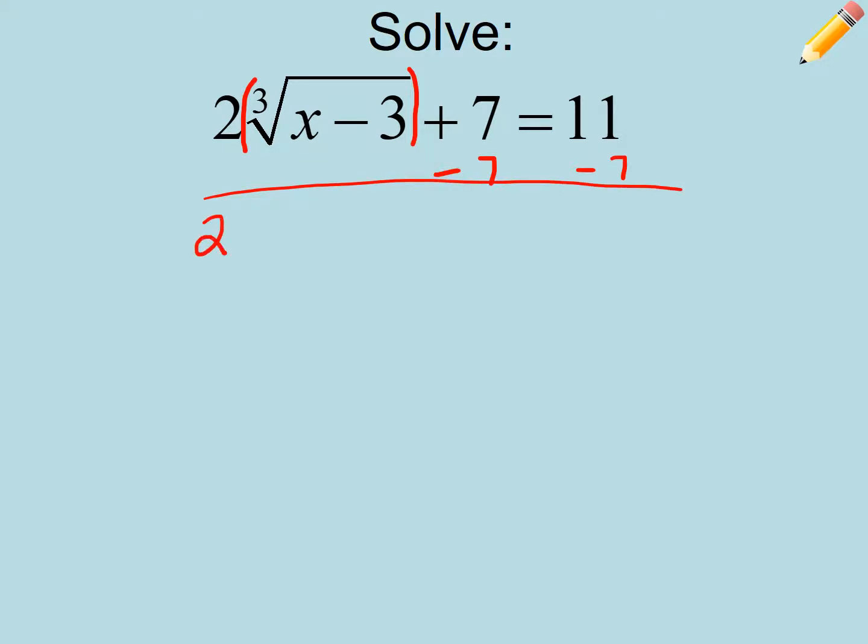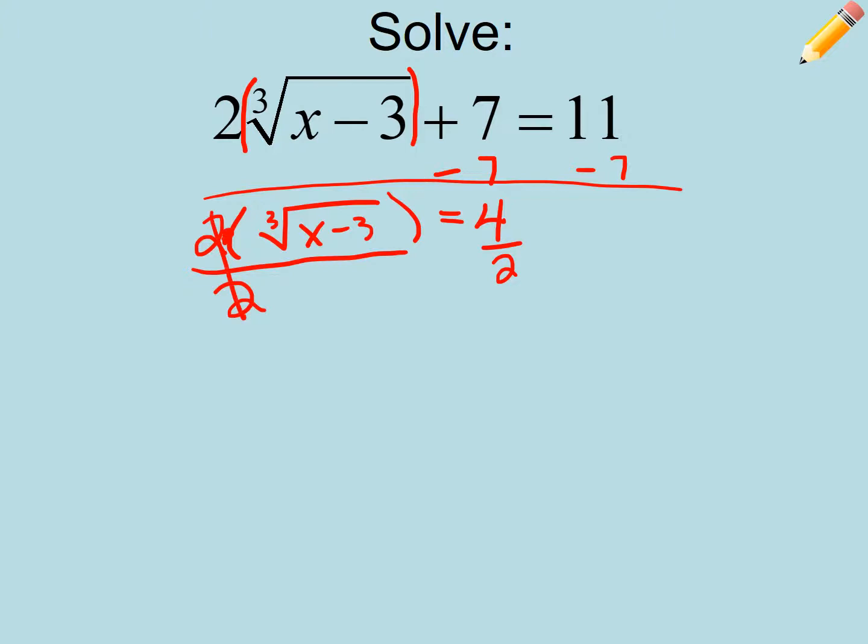So we get 2 times the cubed root of x minus 3 is equal to 11 minus 7, which is 4. Then we're going to divide by 2, because this is being multiplied. So then this will cancel, and we just have on the left-hand side the cubed root of x minus 3 equal to 4 divided by 2, which is 2.